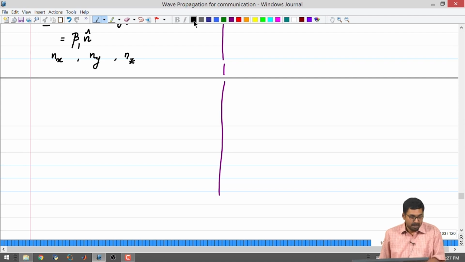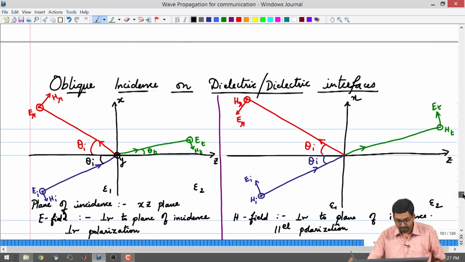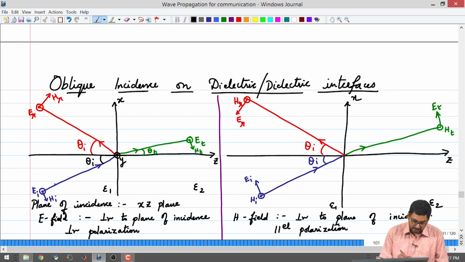Okay. So, now I go back to my diagram, and the direction of travel is given by the arrow on this blue color ray over here. This is the direction of the unit vector n hat, all right, and its magnitude is going to be equal to 1 because it is a unit vector in that direction. So, I can take that unit vector and decompose it into an x component and a z component.